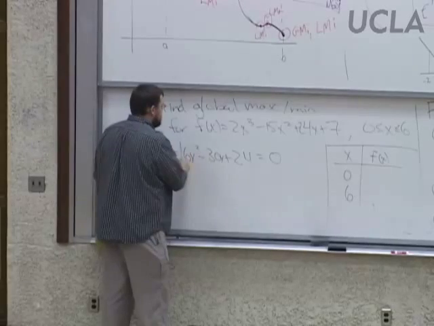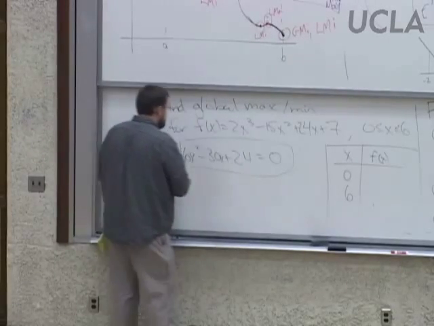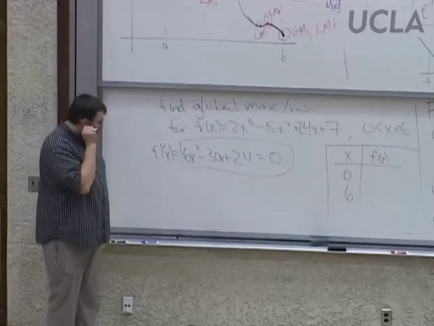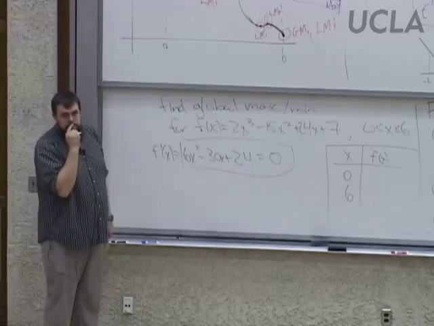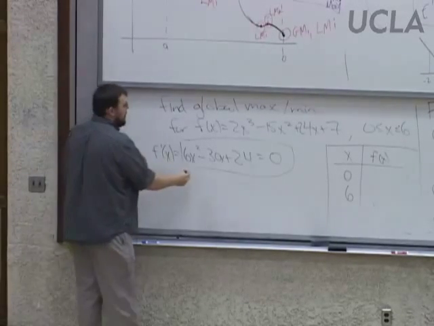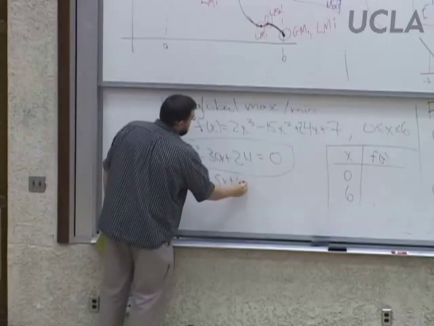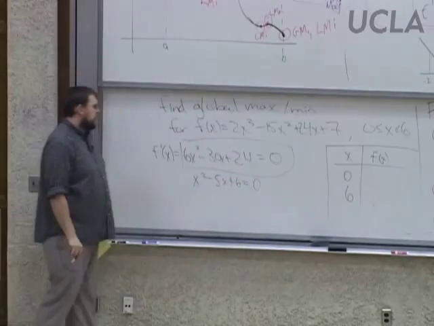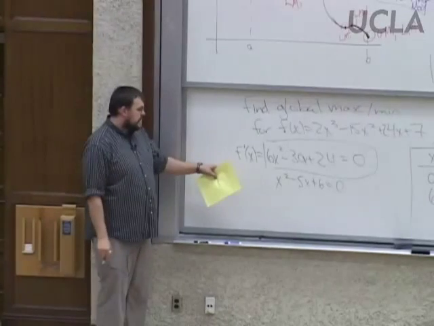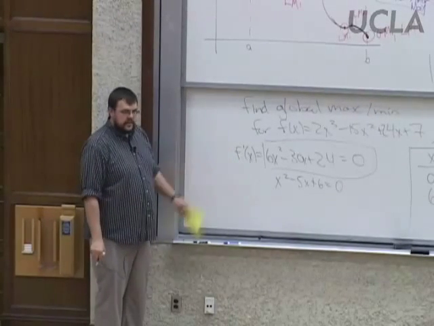So now we look at it set equal to 0. We need to solve. Well, in this case, what can we do? Yeah, we can divide by 6. Everything has a factor of 6. x squared minus 5x plus 6 equals 0. Now, there are two numbers that multiply together to give us 6 and add together to give us 5.